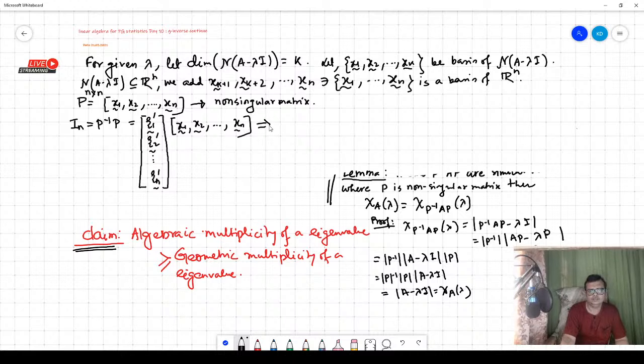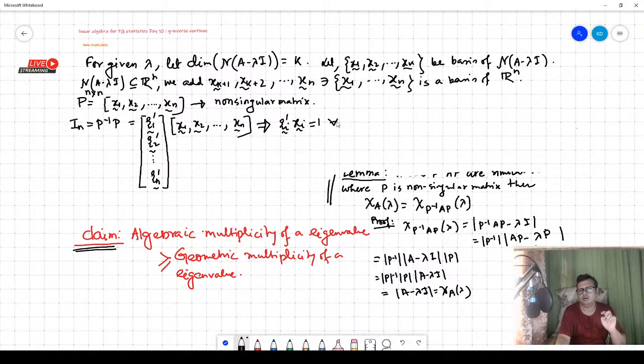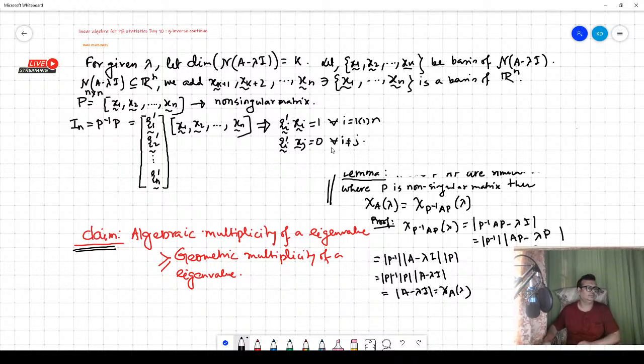This implies xi prime xi is the diagonal element of P inverse P, and the diagonal elements of P inverse P are 1. So this should be 1 for all i from 1 to n, and xi prime xj is 0 for all i not equal to j.